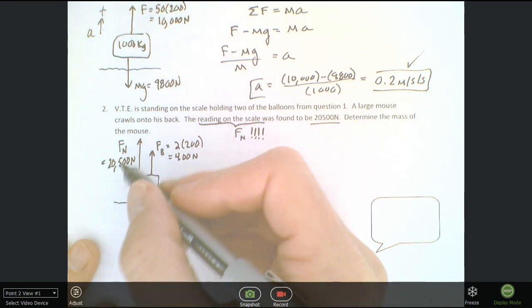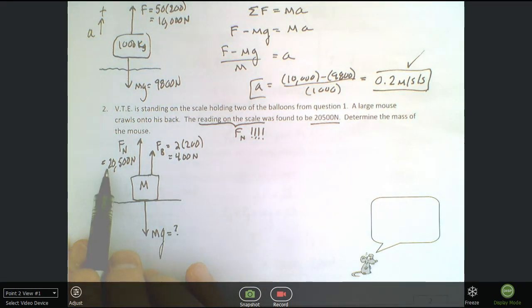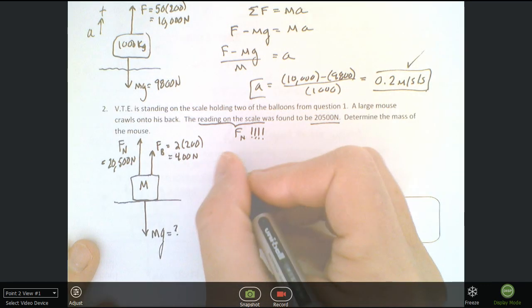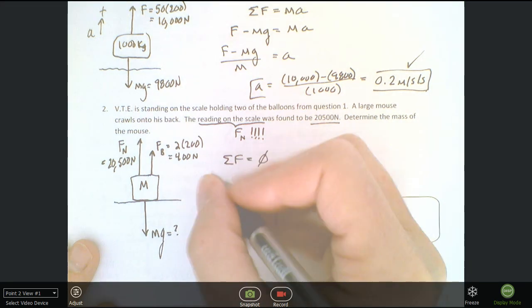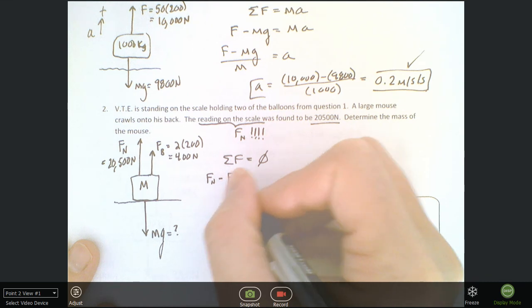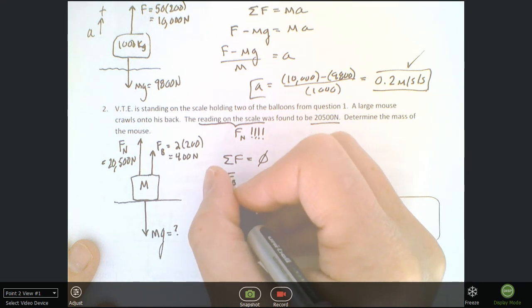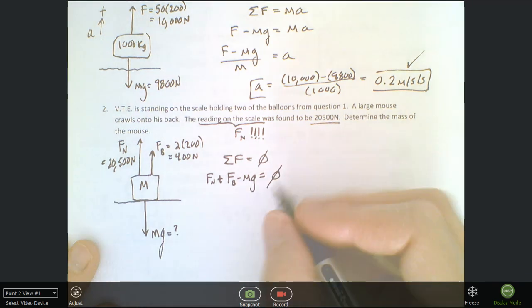So this we don't know. So we look at this, we say, well, look at all this force pulling up. It's got to balance this because the net force is 0. It's balanced. So we write Fn minus the force of the balloons. And by minus, I mean plus. Less the weight equals 0.